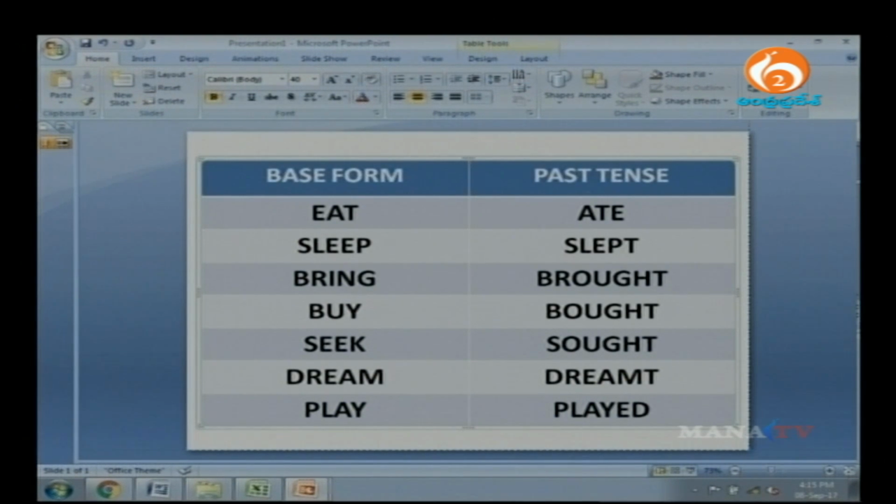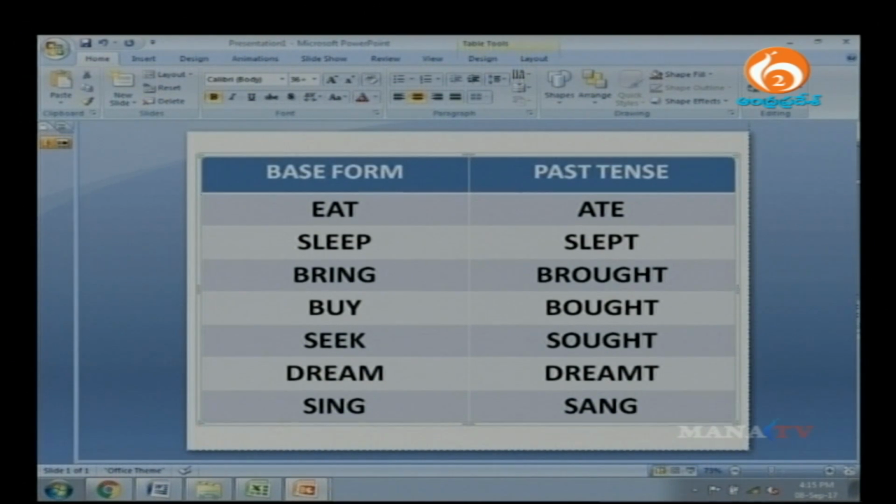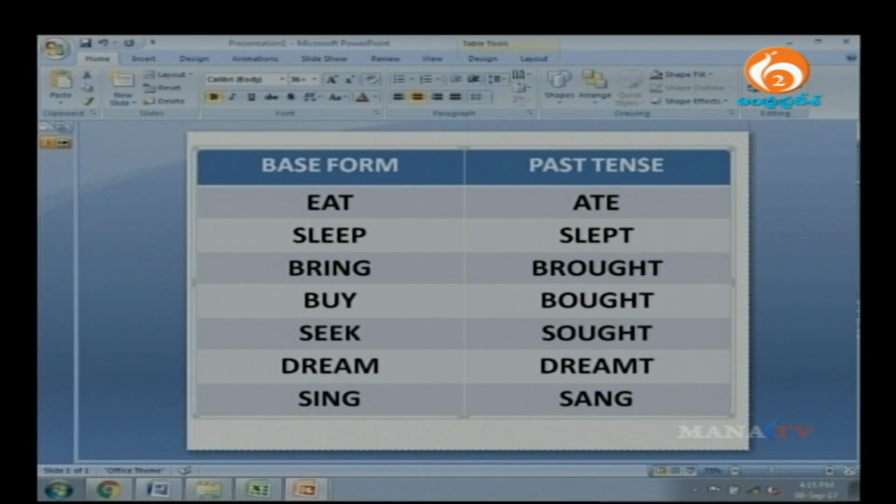All right. But if I have a word which is sing, the past tense is sang. All right. So here again the sang also changes, the form changes. I'll talk about that later. But there are a lot of words where the past tense changes.